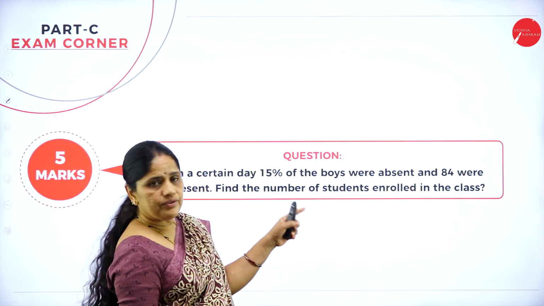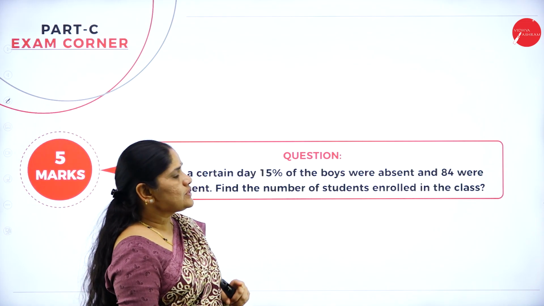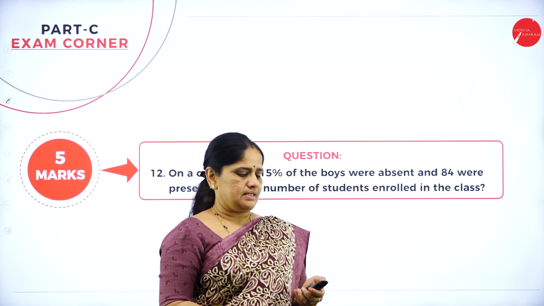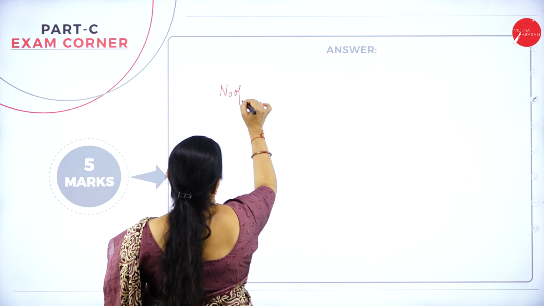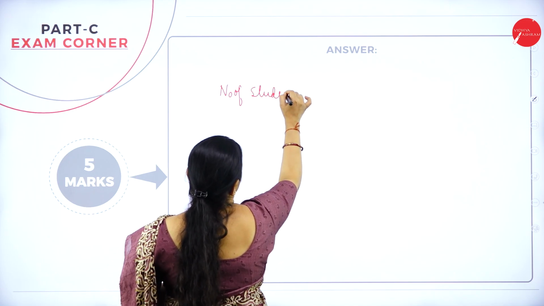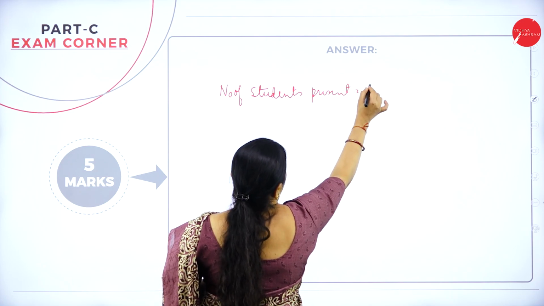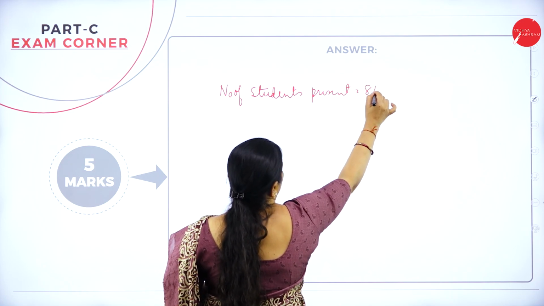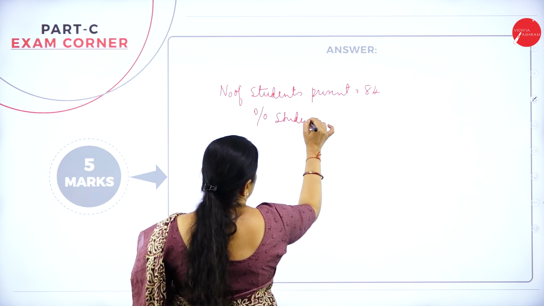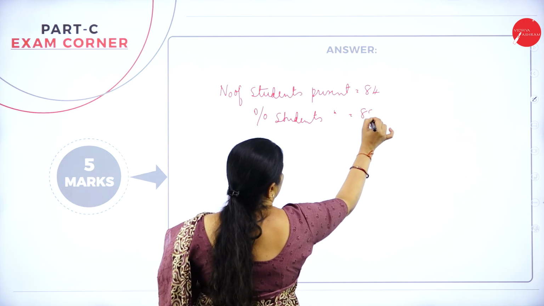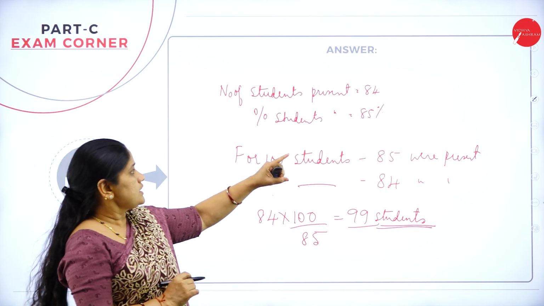On a certain day, 15% of the boys were absent and 84 were present. Find the number of students enrolled in the class. So the number of students present is 84.